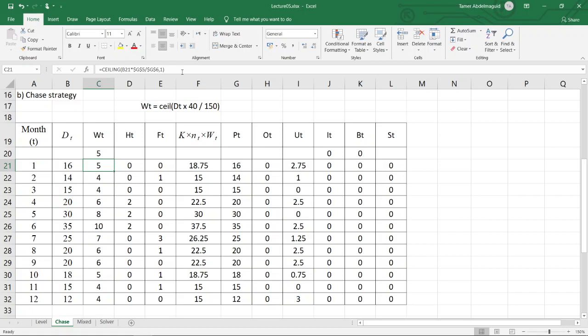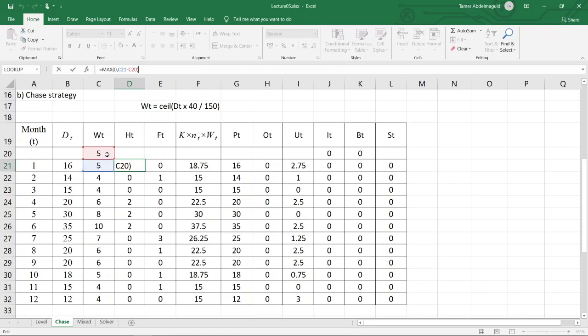Now, based on the value of W sub t, I calculate the number of hired and fired workers accordingly. And the formula is straightforward. Here, the number of hired workers is the difference between the number of workers in a specific period and the number of workers in the previous period.